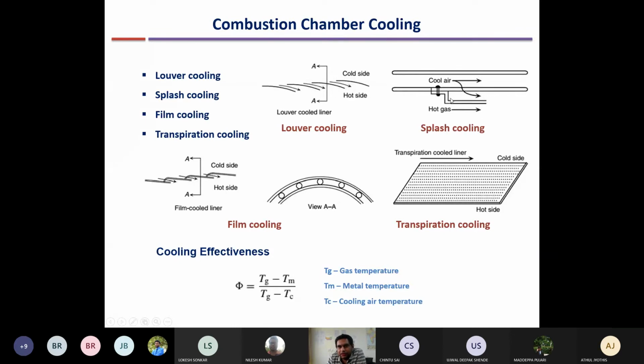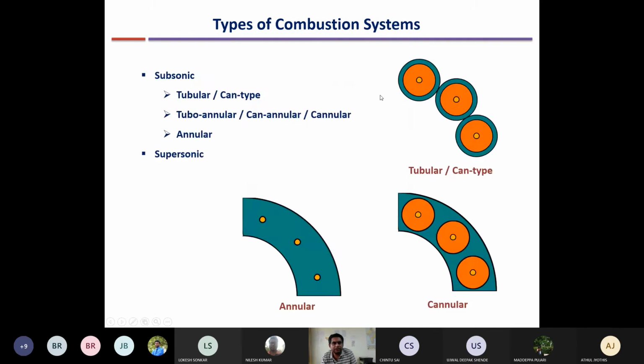An improved method is known as splash cooling, where again between the combustion chamber liner and the combustion chamber casing, you have the cool air, and the cool air is introduced through holes in the combustion chamber liner, like the holes you can see here.